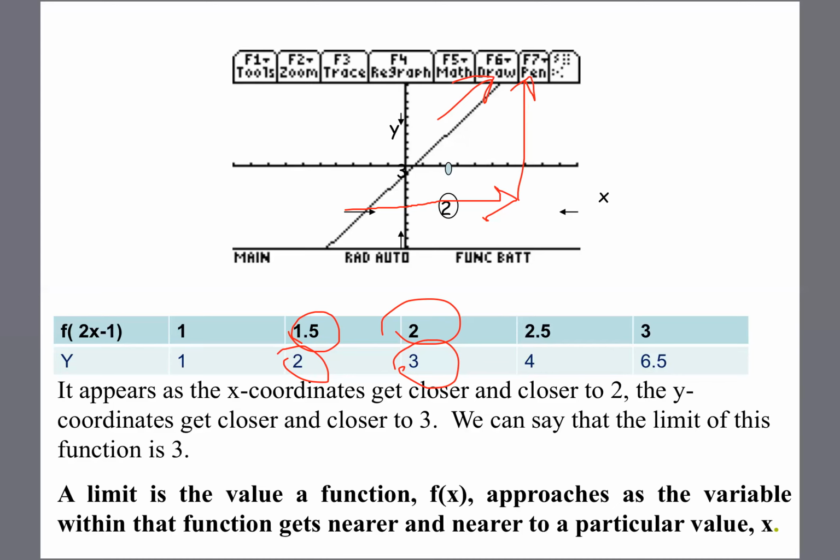So then it's very clear that as the x coordinates get closer and closer to 2, the y coordinates get closer and closer to 3. So after that we can say that the limit of this function is 3.